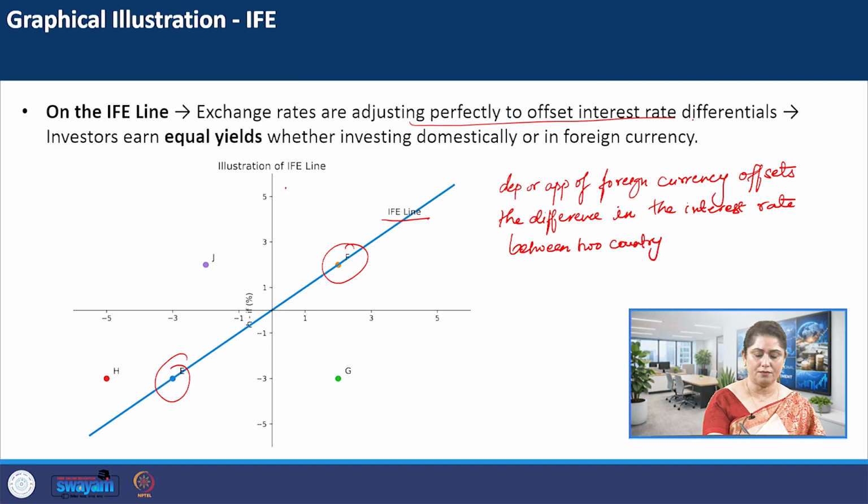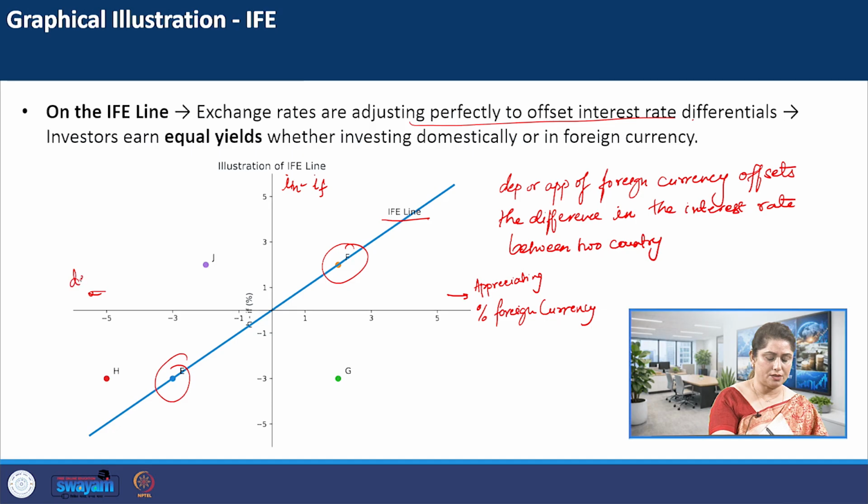So this is our IH minus IF, and this is the percentage change in foreign exchange rate, foreign currency we can say. Here the foreign currency is appreciating, and here it is depreciating.